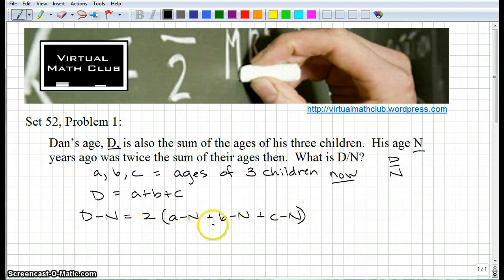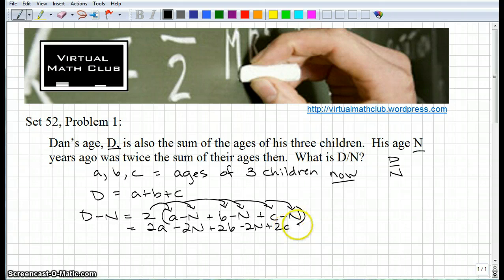So let's do a little manipulation here, because there's a lot of things I can combine. I see lots of n's that I can combine with this n over here. So first thing I'm going to do is use the distributive property and distribute this 2 over to everything inside the parentheses. So this is equal to 2a minus 2n plus 2b minus 2n plus 2c minus 2n.